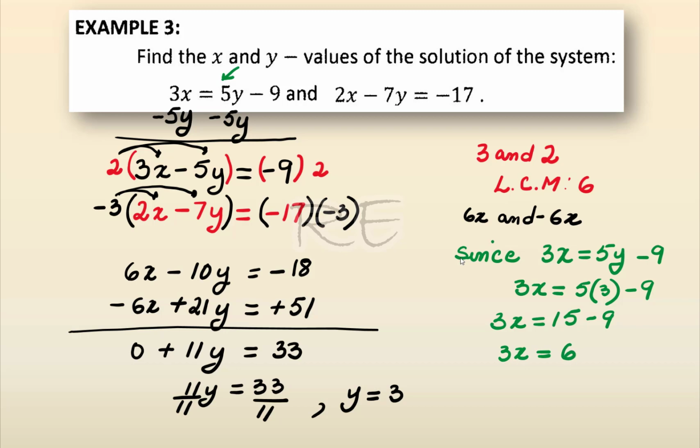And 15 minus 9 is 6. So 3x is equal to 6, divided by 3, x is equal to 2. So the solution is 2, 3. The point 2, 3.